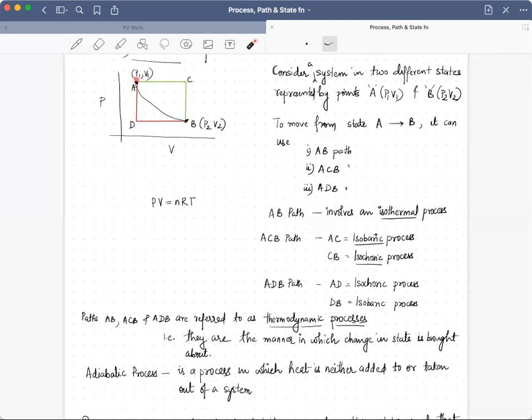Suppose this happens at a faster pace. That means A abruptly or spontaneously changes to B. Then what happens? The system and the surroundings won't be in equilibrium.